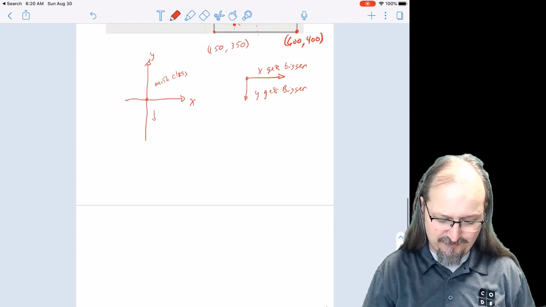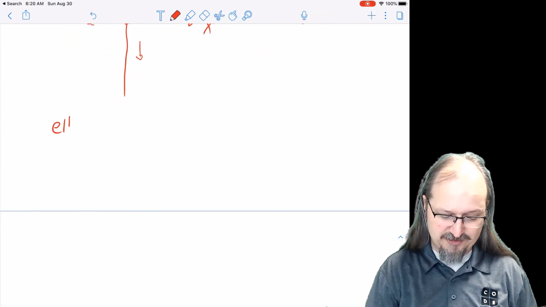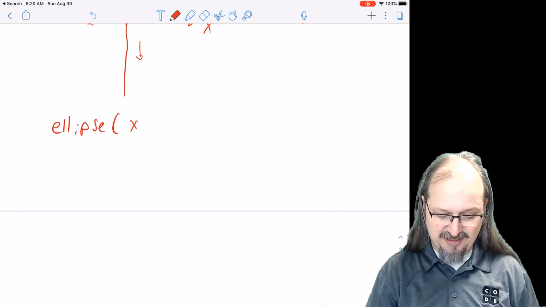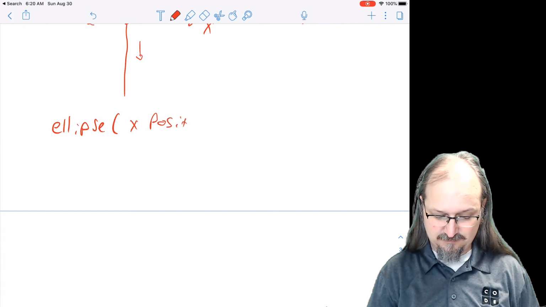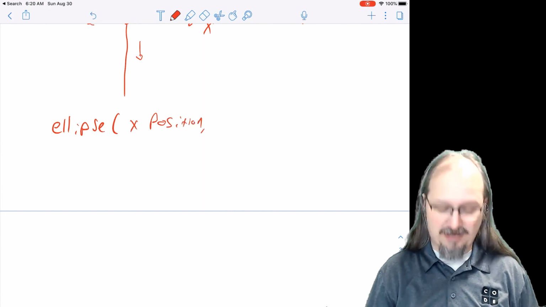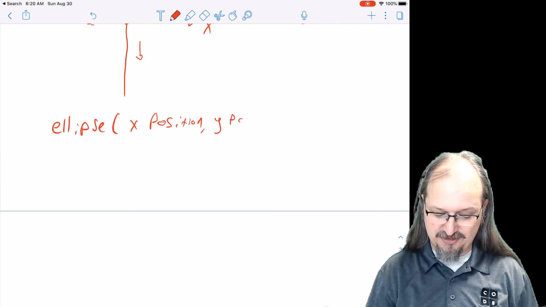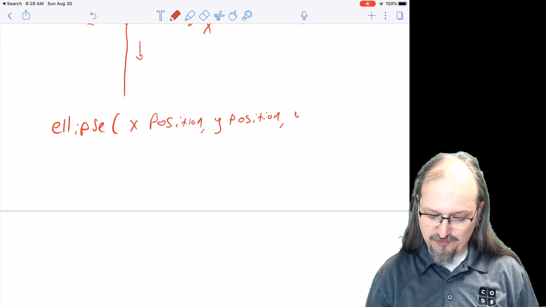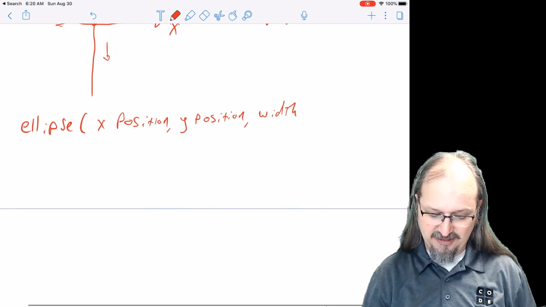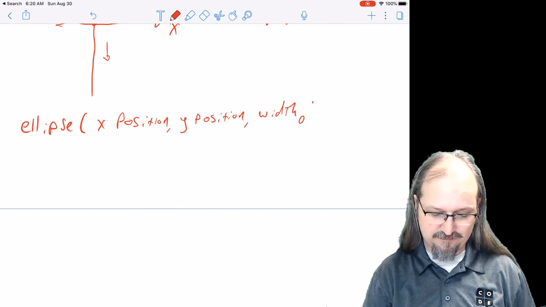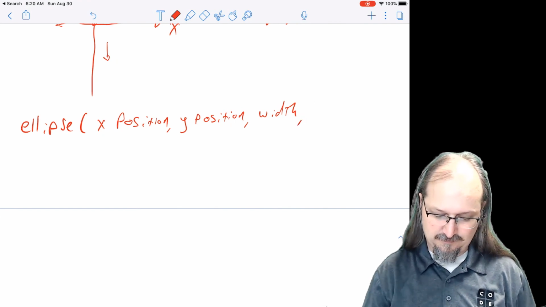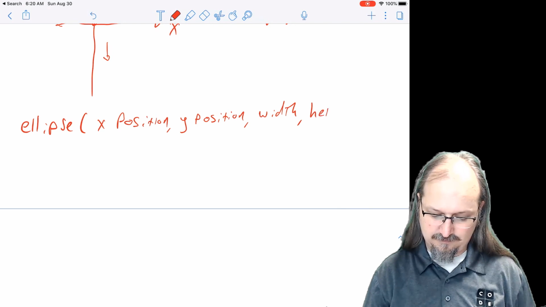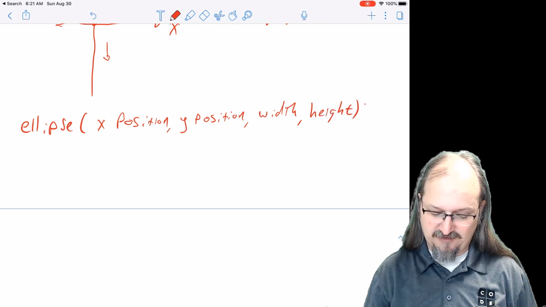So for the ellipse function, we have 4 parameters. The first parameter is the x position. The second parameter, as we've discovered, is our y position. The third parameter is the width of our ellipse. And the fourth parameter is the height of our ellipse.